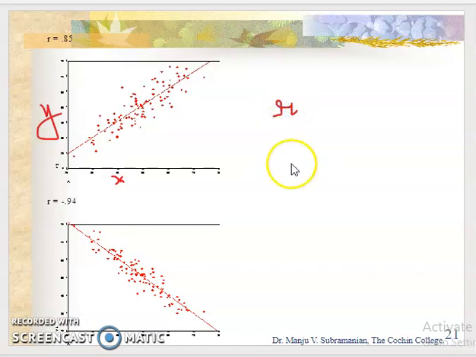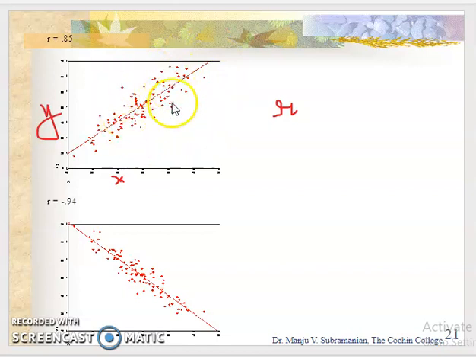In the scatter diagram the values of one variable are represented along the X-axis, and the other variable is represented on the Y-axis, and each pair of values is plotted on the graph by means of the xy plane.